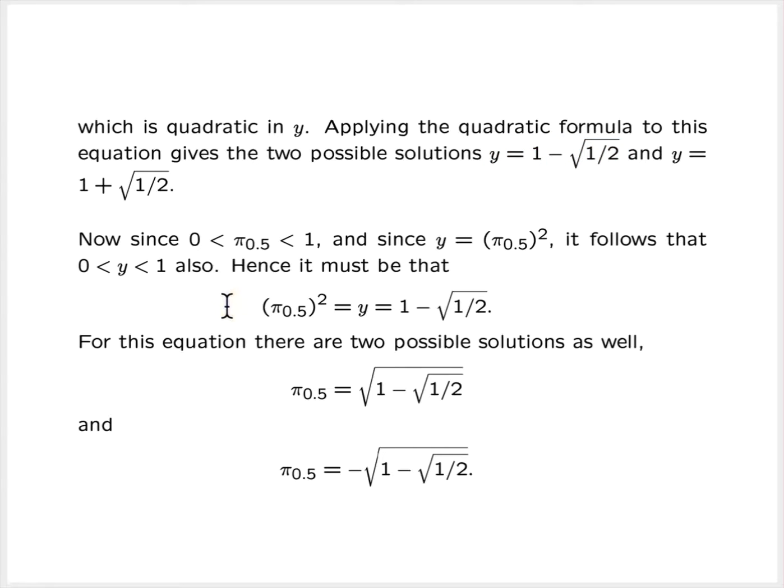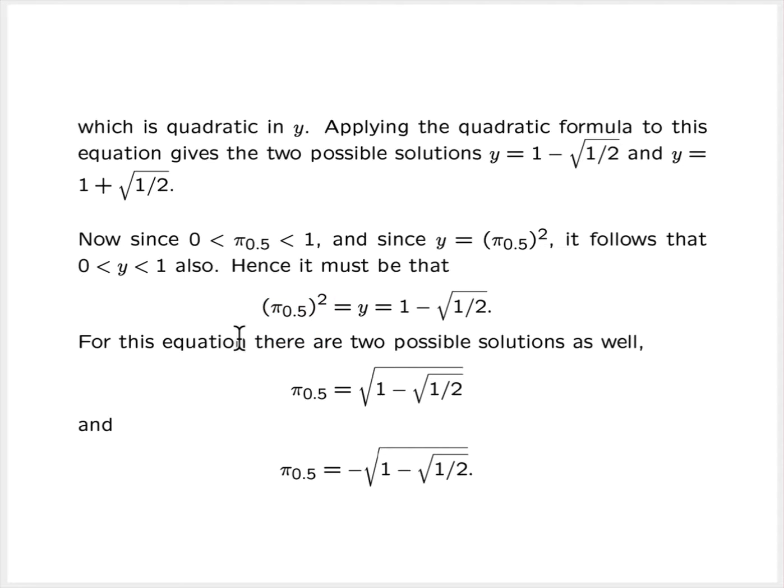And so the square of the median, the square of pi sub 0.5, which we've denoted by y, must be equal to 1 minus the square root of 1/2. Now, this is easier to solve because this is the only place where pi sub 0.5 shows up.